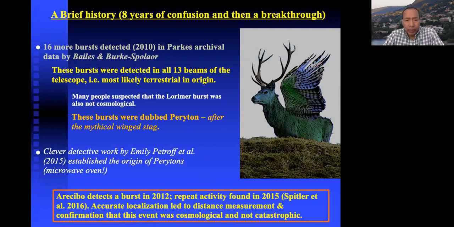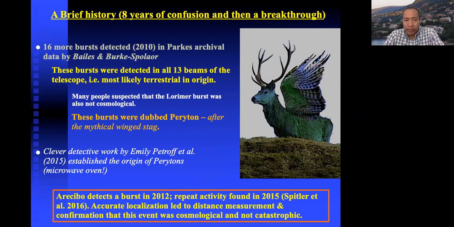The breakthrough was that Arecibo detected a burst in 2012, and then repeat activity from the same location was seen 3 years later. And that led to accurate localization and measurement of the distance.